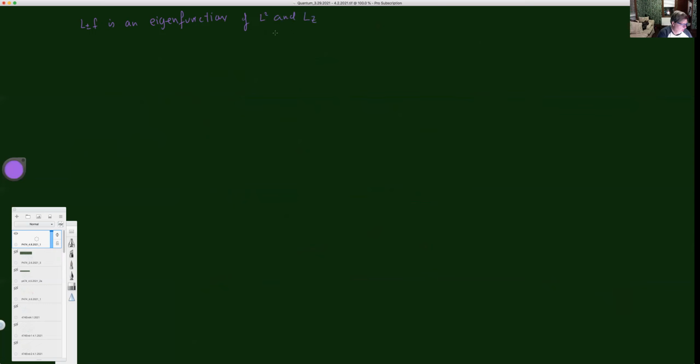All right, so let's act LZ on it and see what happens. Okay, so I'll get another color here. So we're going to act LZ. LZ acting on our L plus minus on f, right? So this whole thing together should be an eigenfunction.